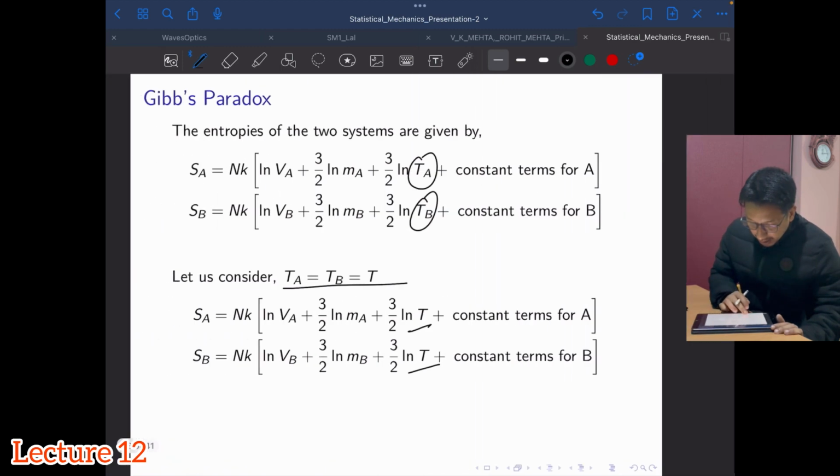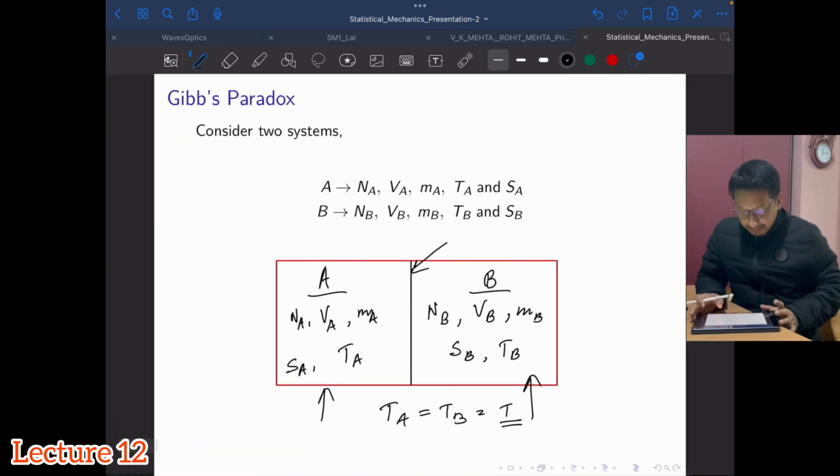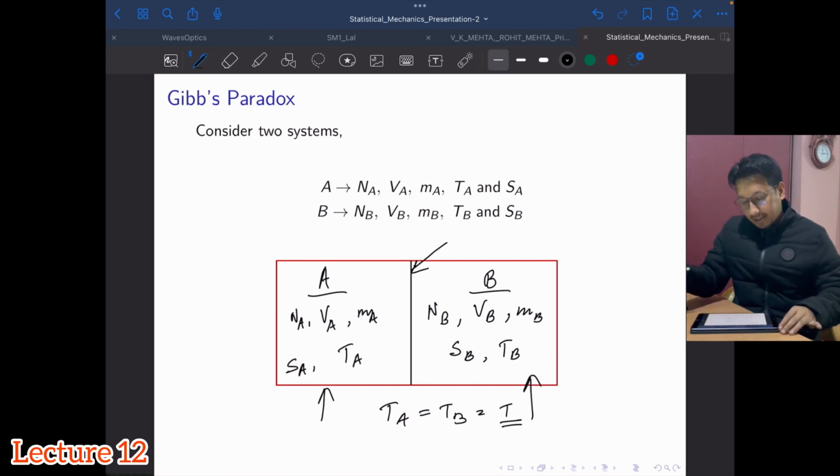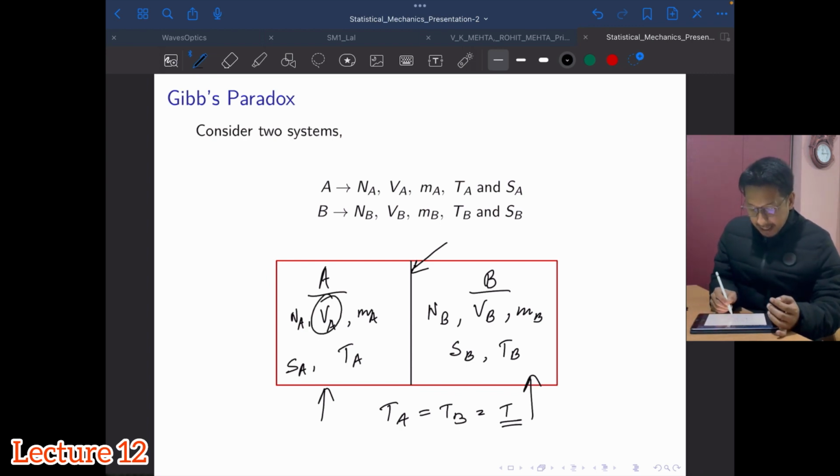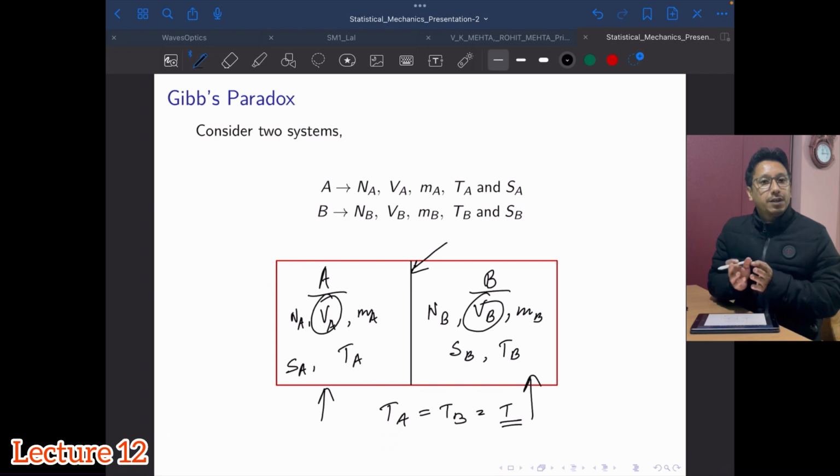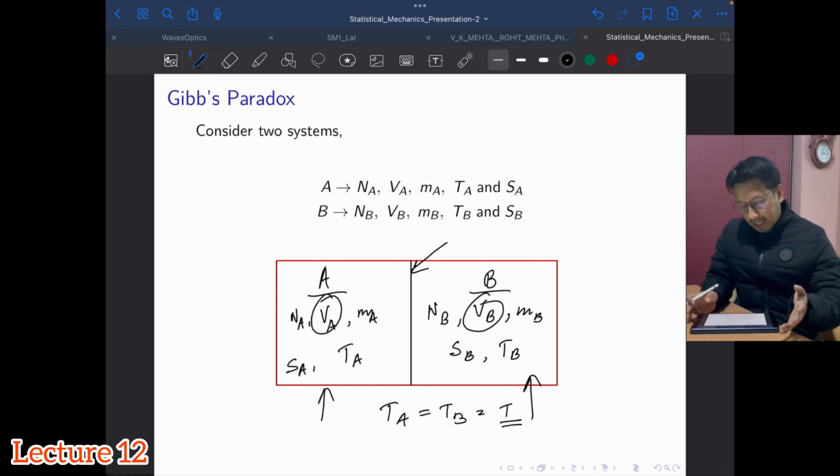We have taken system A and system B, with a definite number of particles in system A, and again a definite number of particles in system B. They are ideal gas molecules you can think about, and we will slowly remove the partition. What will happen is the volume will become VA plus VB, and the total number of particles will be simply Na plus Nb.